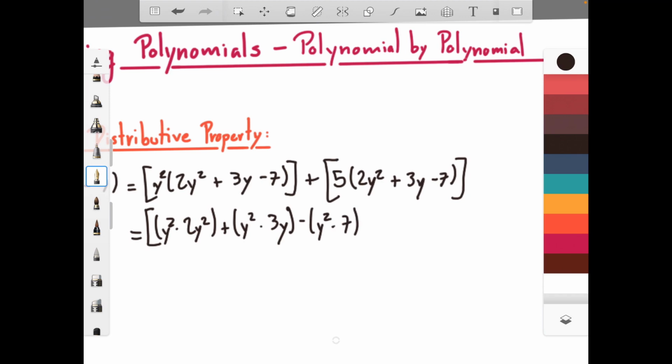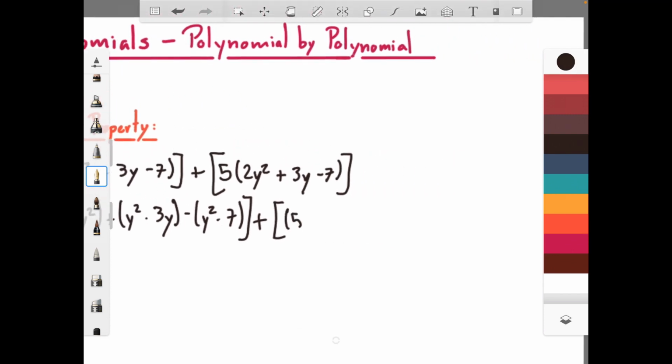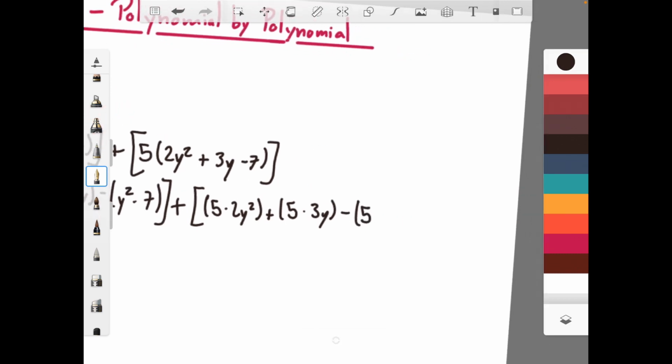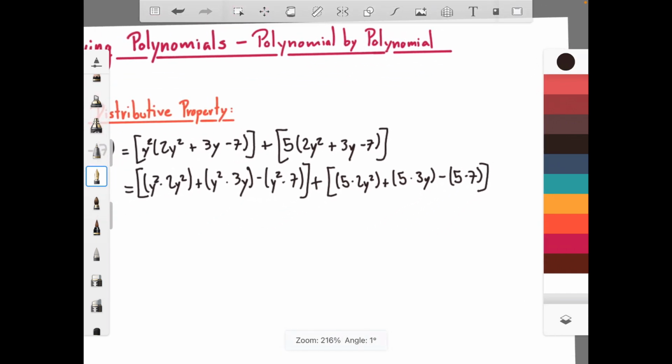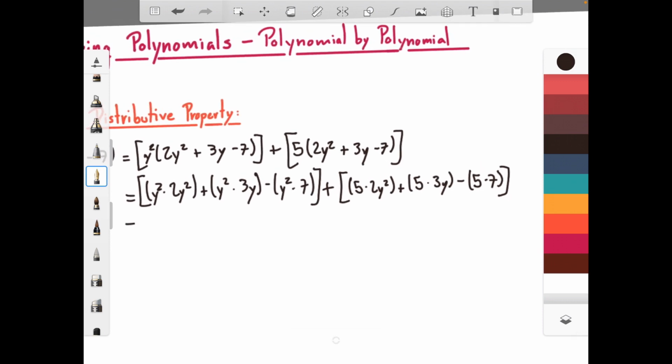Okay, and now the other one we simply add to over here, so plus 5 times 2y squared plus 5 times 3y minus 5 times 7. That's now a very long way of expressing this, but it's more understandable that way, so you can follow the exercise with me.